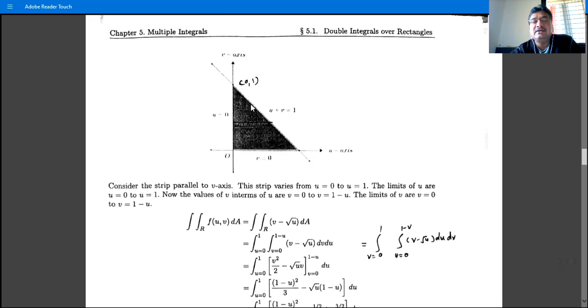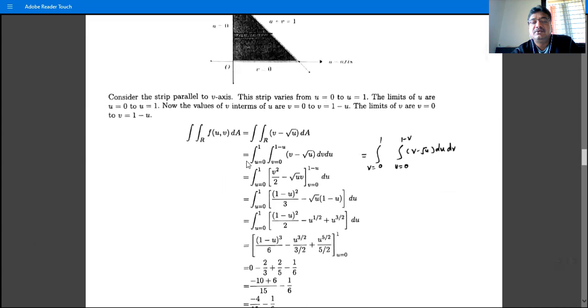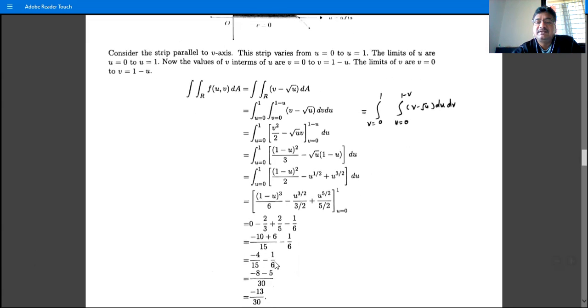Another end touches the line u plus v is equal to 1, and from this the value of v is 1 minus u, so 1 minus u is the upper limit. To cover this region, we move this strip parallel to the v axis from this point to this point, so u runs from 0 to 1. So either solve this or this, we get the answer.